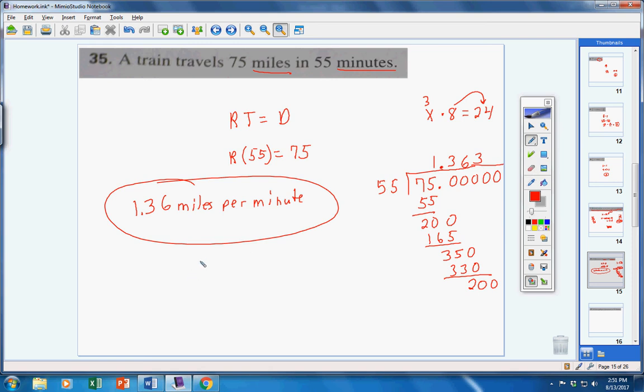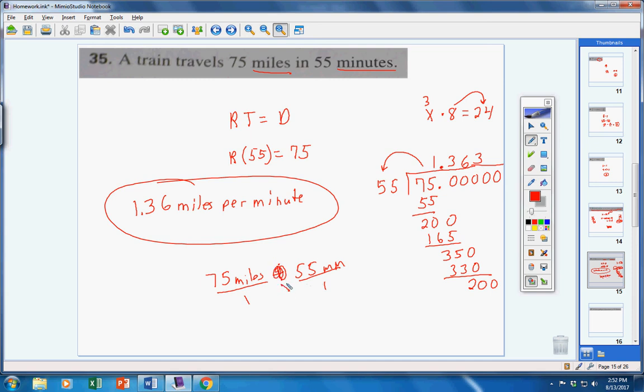But I'm going to try to show you here. It's 75 divided by what? 55. So we have 75 miles divided by 55 minutes, okay? Put this over 1, put this over 1.